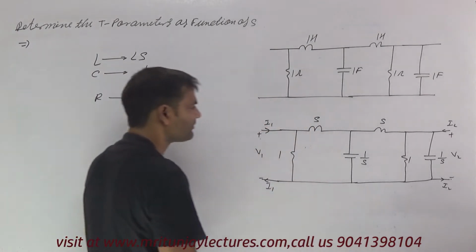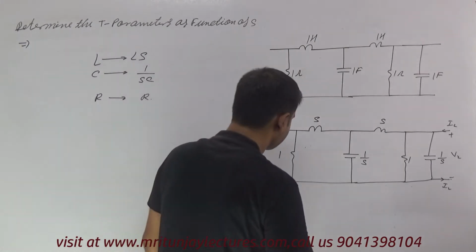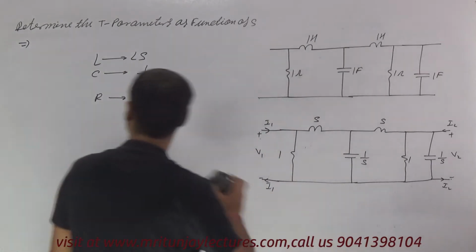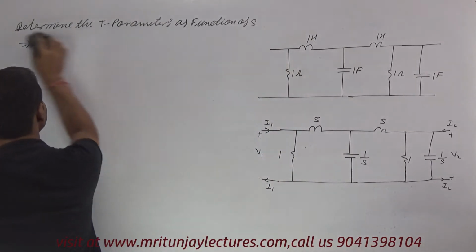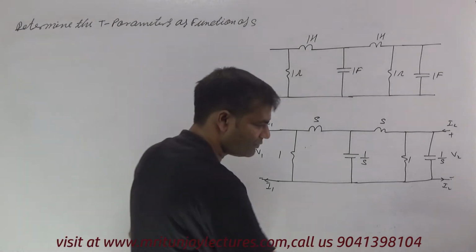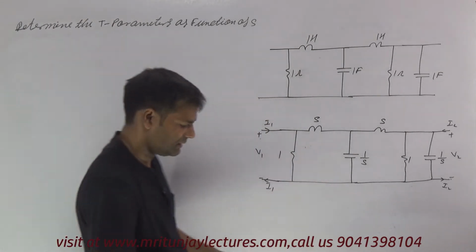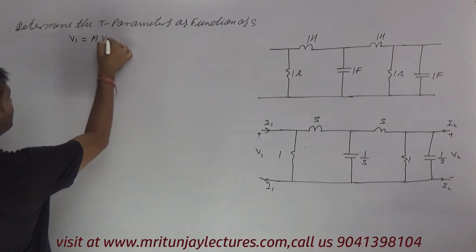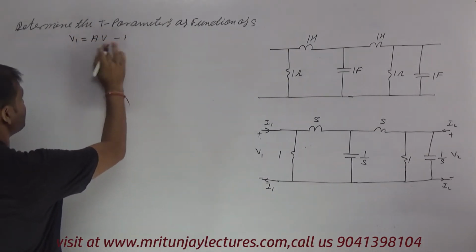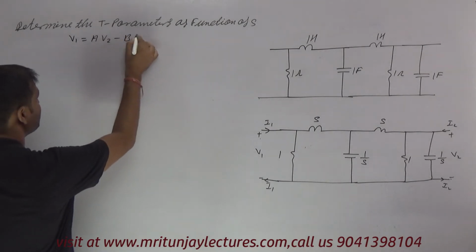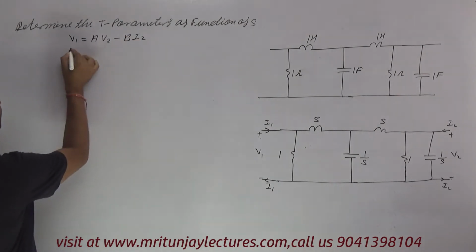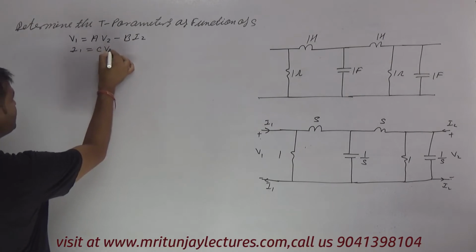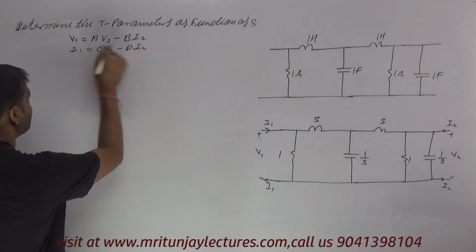First of all, I know that you can do it by a lot of methods. I know that V1 is written as A into V2 minus B into I2, and I1 is written also as C into V2 minus D into I2. Clear?